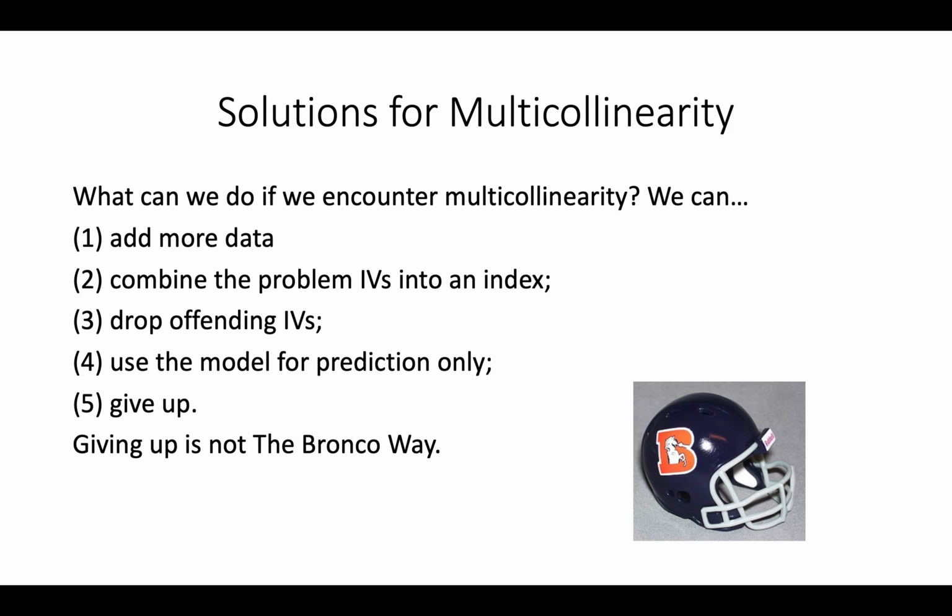We could use the model for prediction only if the R-squared is high enough, and just say that we're not that interested in statistical significance, we're interested in explaining variation in the dependent variable. Or we could just give up, throw in the towel, and that's not the Bronco way of doing things. We're going to try to solve this problem.